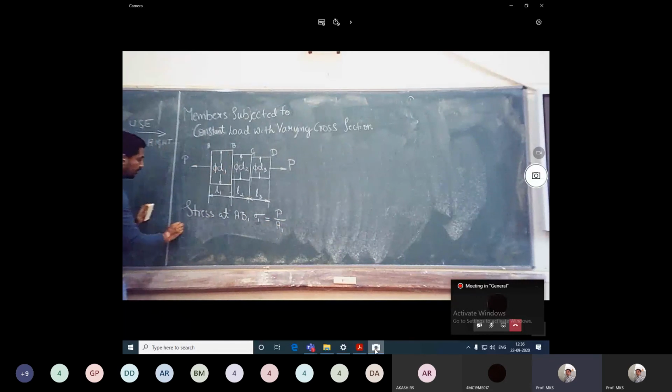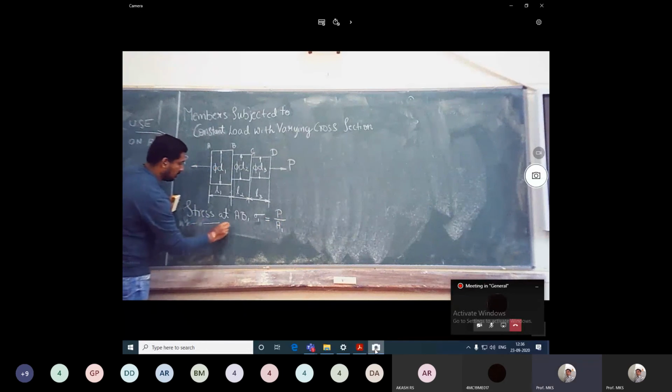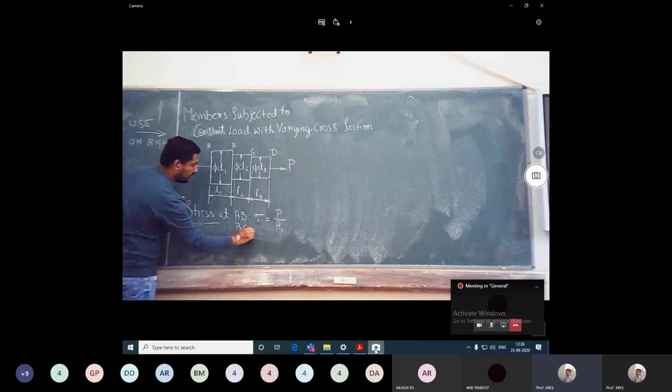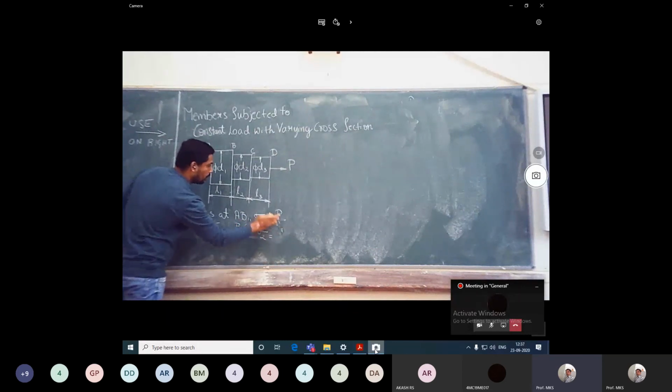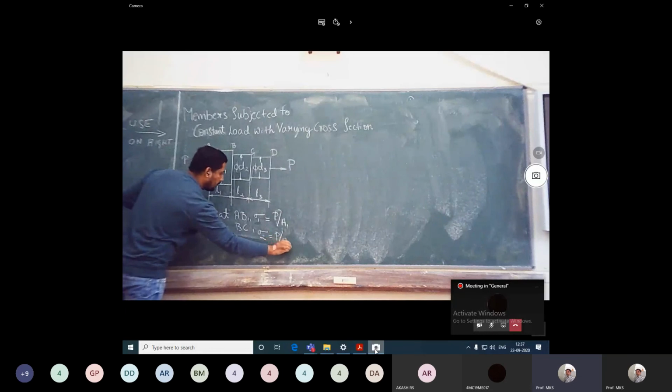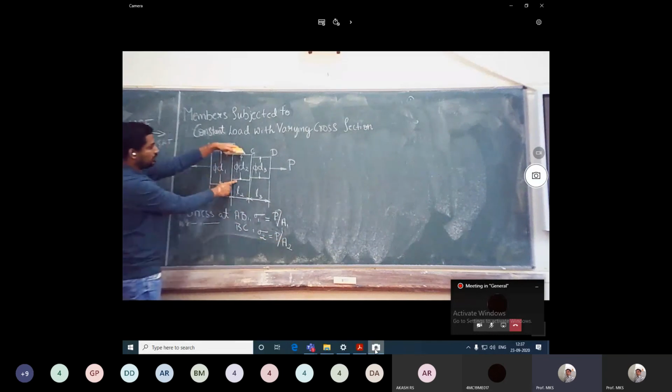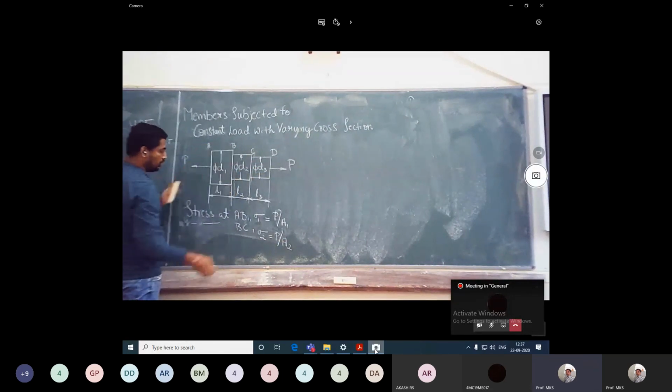Similarly, at cross section BC, sigma 2 is equal to P by A2. At this cross section, the force acting is P, only a single force. The area is changed, so it is P by A2.